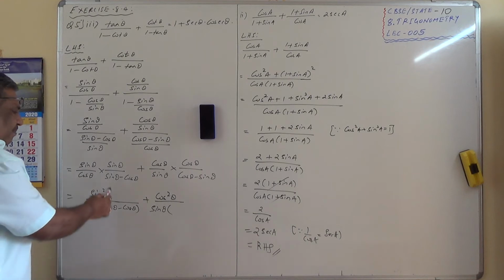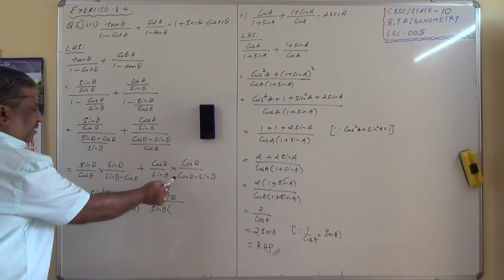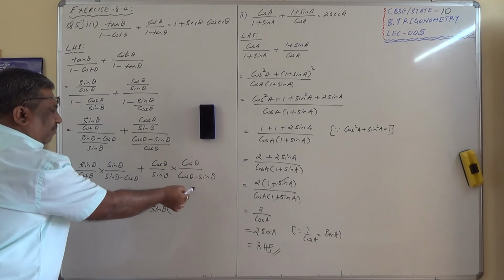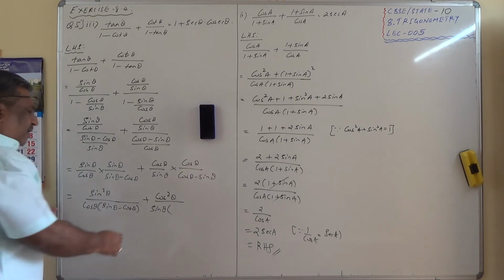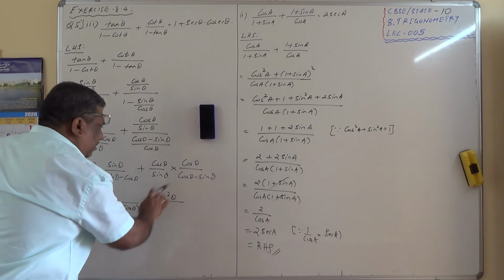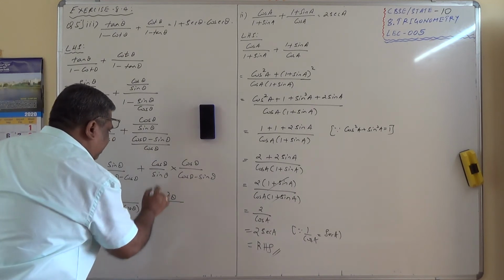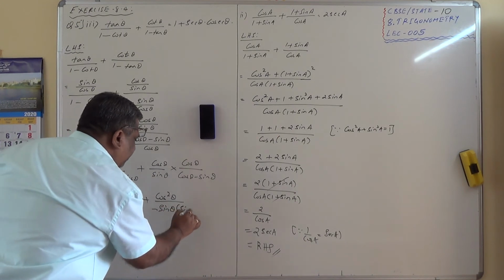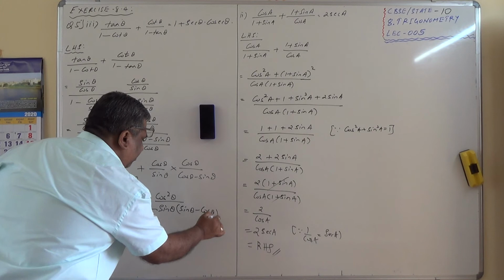Here it is sin theta minus cos theta, here it is cos theta minus sin theta, so this can be written as minus, I can take the minus out, sin theta minus cos theta. So here I will write it this way, minus will take out, minus sin theta into sin theta minus cos theta.